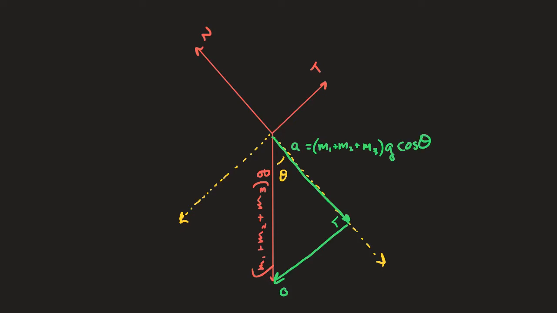All of this is just the length of that vector. So it's mg, but I have to put all three of the masses together. For the opposite side, I'll have m1 plus m2 plus m3 all times g times the sine of theta. It's the opposite side, it goes with sine.